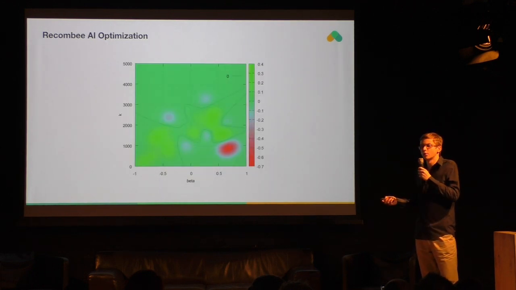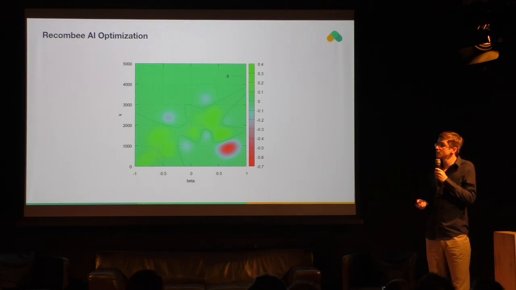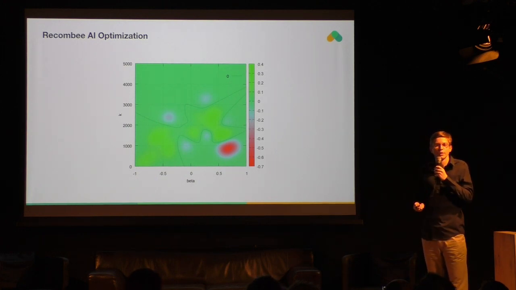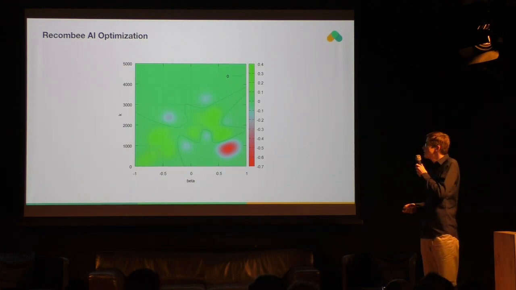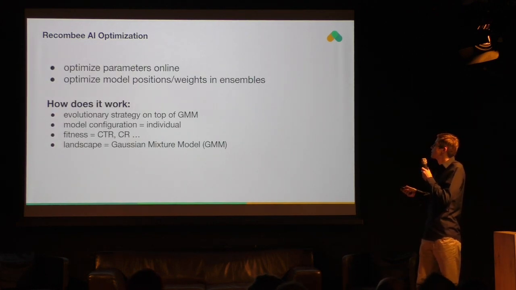And that's why we developed our own online optimization algorithm that takes these parameters and tries to find some nice configuration of them that performs the best. How to do that is we're going to use an evolutionary strategy.